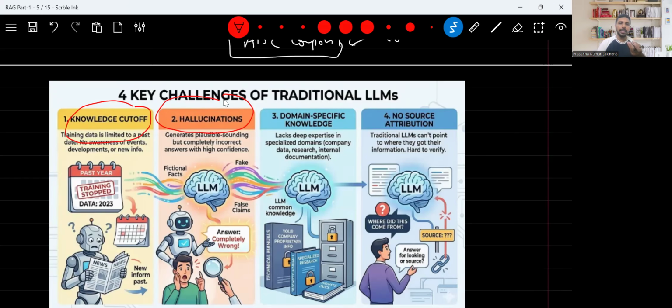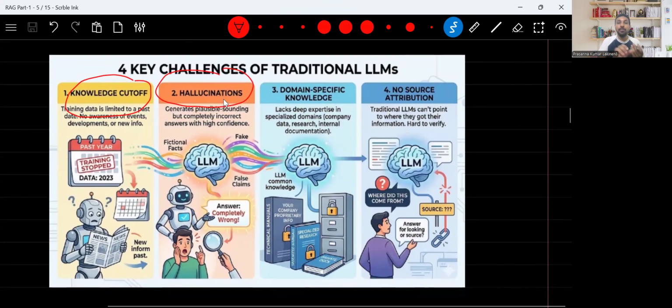It is generating some information whether it has an idea or doesn't have the idea. It is trying to give some answer. We cannot say with confidence that it is exactly the correct information. That is what is called hallucination. And next, it doesn't have domain specific knowledge.